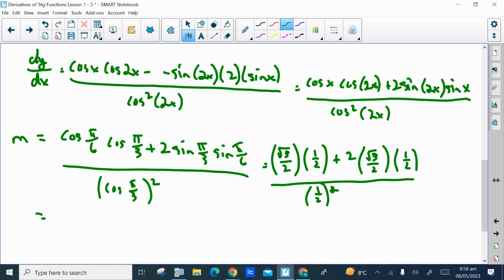So this will give us root 3 over 4 plus 2 times root 3 over 4, or just root 3 over 2. But let's leave it as 2 root 3 over 4, because now we have a common denominator. And then that's divided by 1/4.